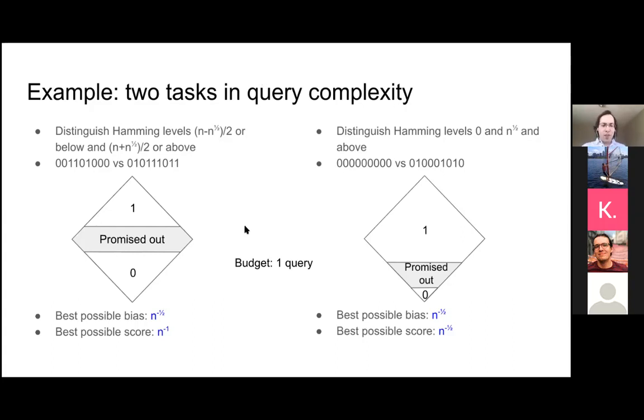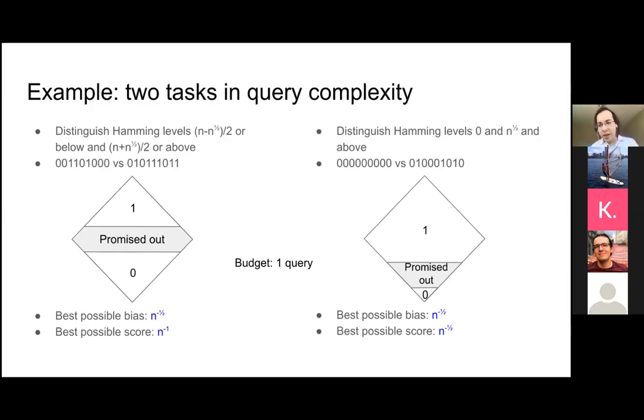And one interesting property here is that this actually matches the amplification behavior of these problems. So you can ask, now let's increase the budget from one query to more queries. Just how many queries do you need to make before you can solve this problem to bounded error? Let's suppose you're just amplifying your algorithm, repeating this one query algorithm a certain number of times, let's say k times.